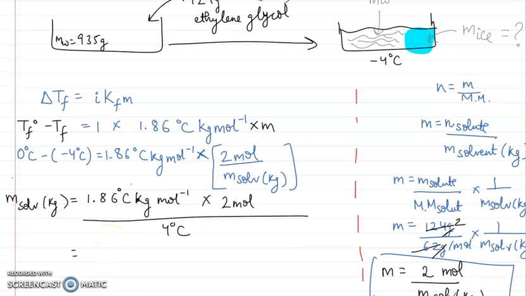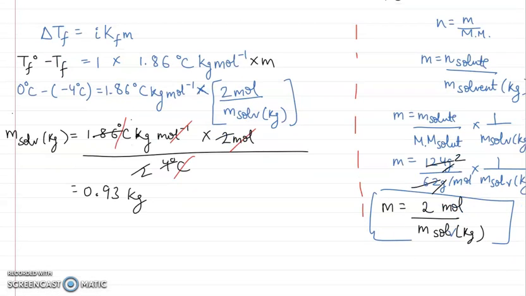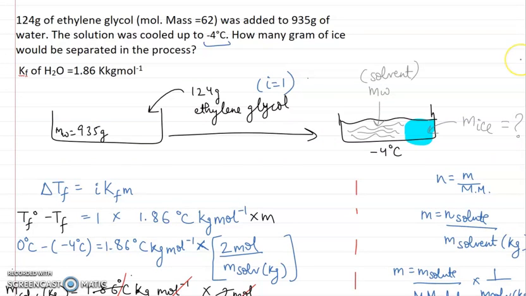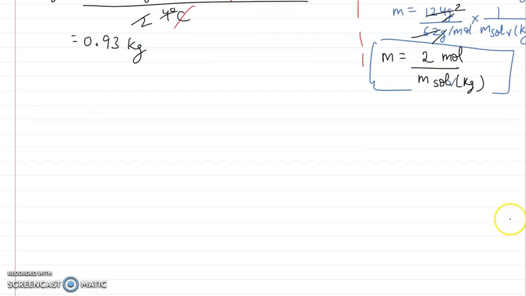Now here unit degree Celsius would be cancelled out with degree Celsius and per mole would be cancelled out with mole, and 2 would divide with 4. So it comes 2 and 2 ones are 2, and 0.93 kilogram. So the mass of solvent used in making the solution is 0.93 kilogram.